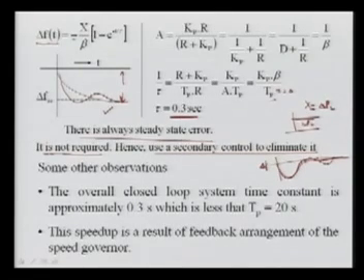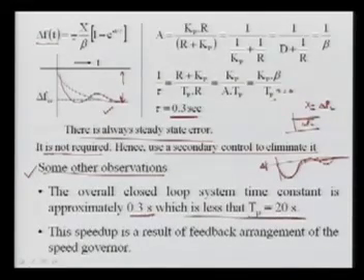The loop which we discussed so far is the primary ALFC loop, that is, the automatic load frequency control loop. Some other observations: the overall closed loop system time constant is approximately 3 seconds, which is less than the open loop time constant Tp of 20 seconds.